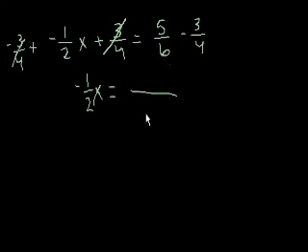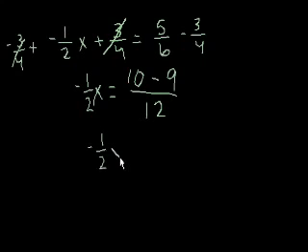So the least common multiple of 6 and 4 is 12. So 5 over 6 is 10 over 12, minus 3 over 4 is 9 over 12. So we get minus 1/2 x is equal to 1/12. Hopefully I didn't make a mistake over here.